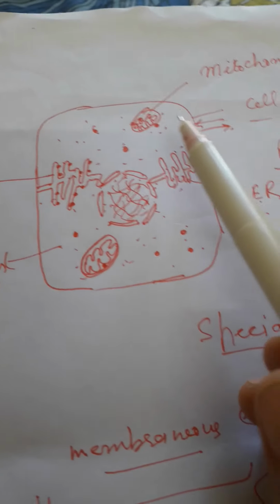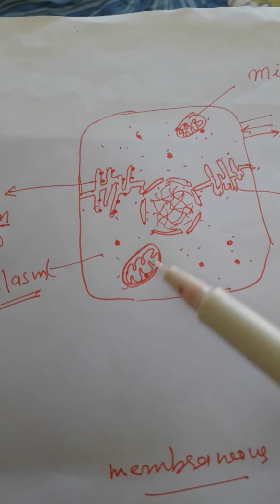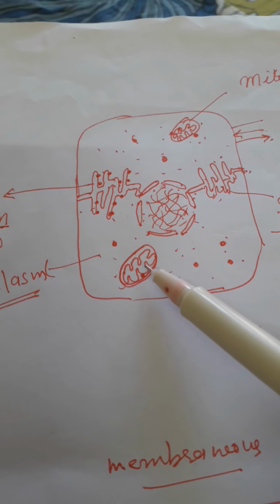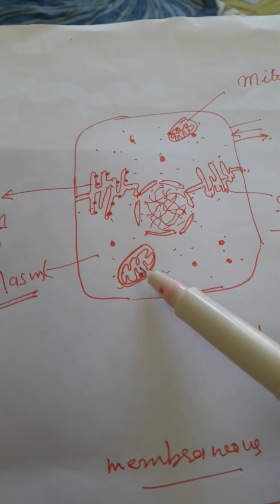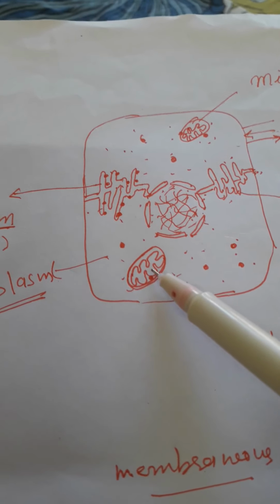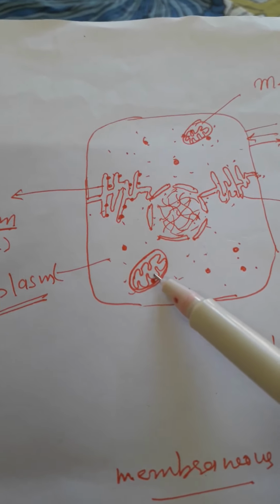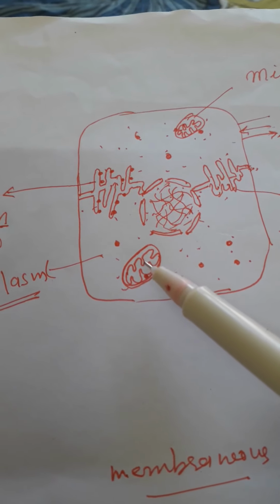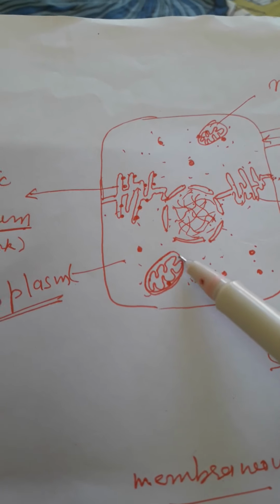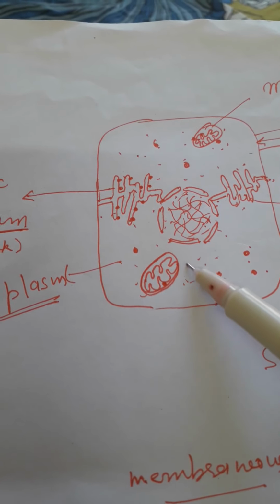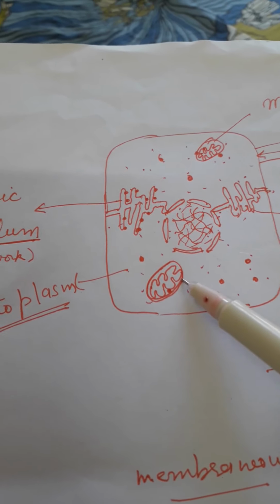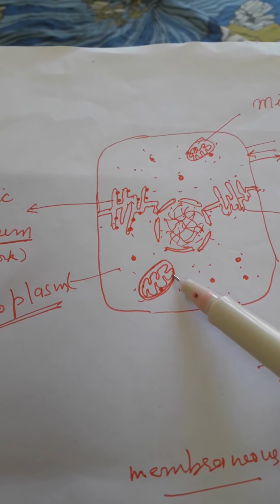The function of mitochondria is that they help in respiration. Dear students, you have read that blood takes oxygen and glucose, that is food, to the cells. Now what happens inside the cells to this glucose and this oxygen? You have already read that inside the cells the food is oxidized, broken down in the presence of oxygen to give us energy.